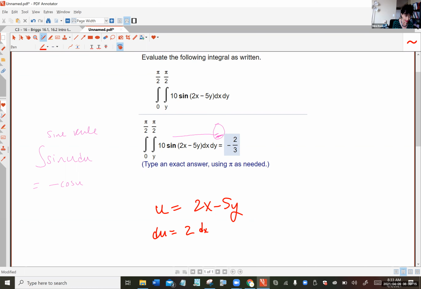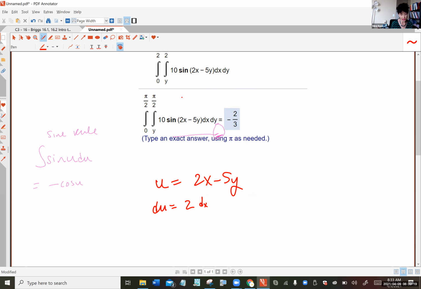2 dx, essentially. But I see a 10 in the integrand, which is fine. You can pull the 10 out, but when I put the 2 in, I'll divide out by the 2. So right now, the integral will look like sine of u du, and we still have the outermost integral left, so I continue to write that.